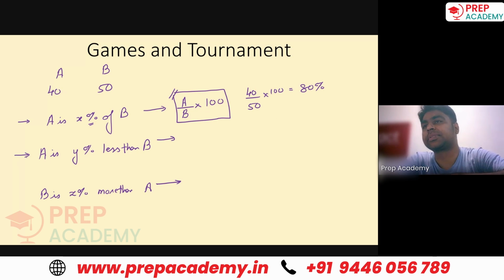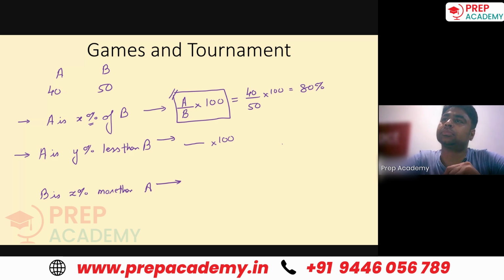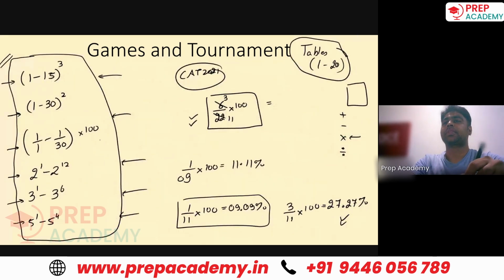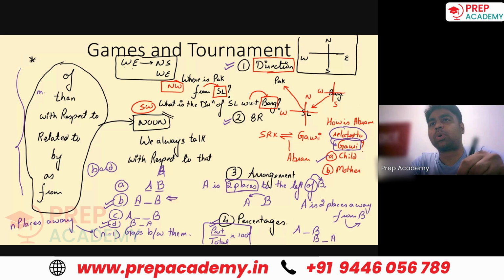Can you tell me the answer to this? So here we take the base as A or B. See, after the word than, when I mentioned than, I meant more than, less than, greater than, smaller than, everything.